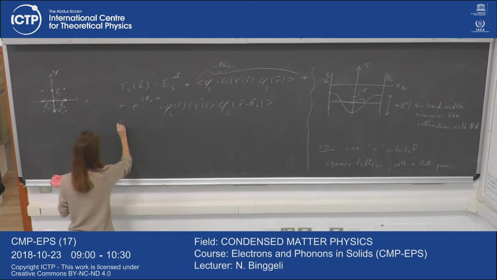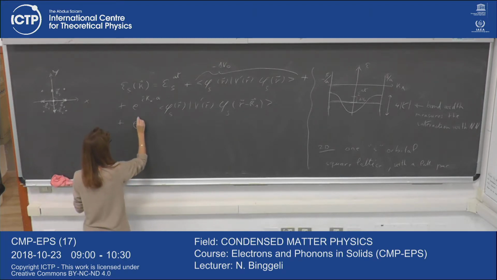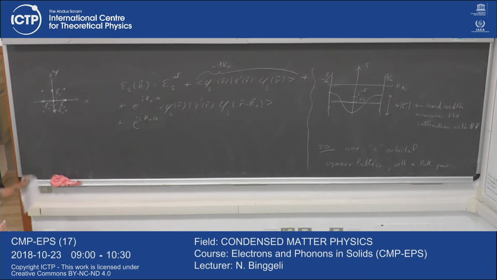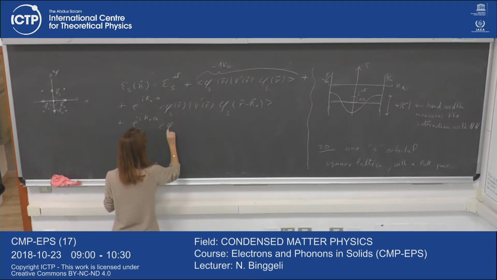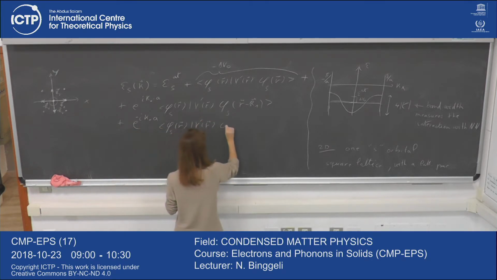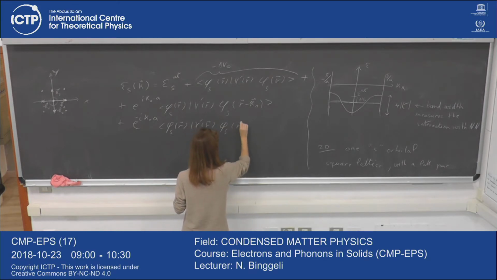Then for the minus R1, I have here exponential minus i kx A, times the matrix element phi S of R, V prime of R, phi S of R plus R1.